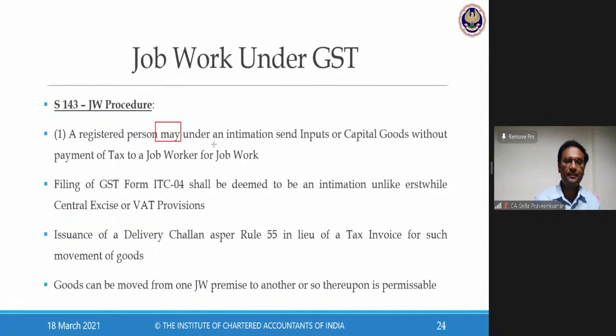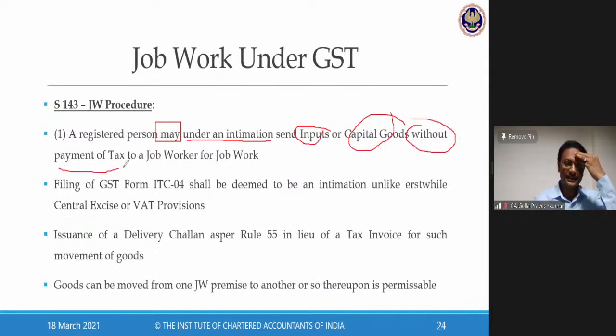Registered person may, they have used a language called under an intimation, send inputs or capital goods, something called without what? Payment of tax.